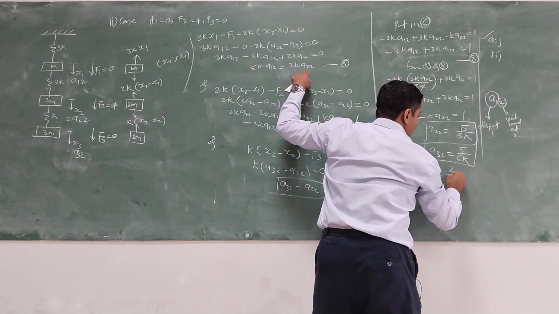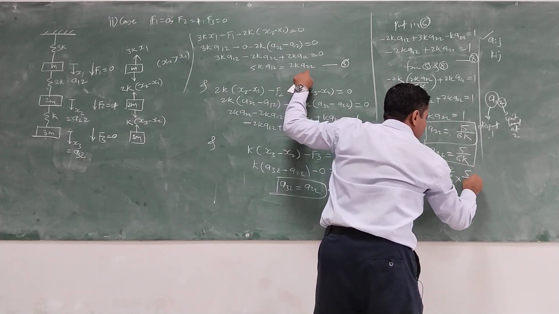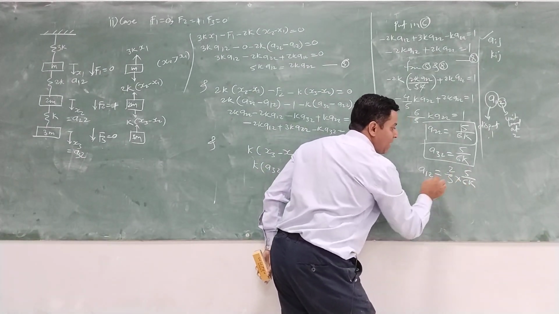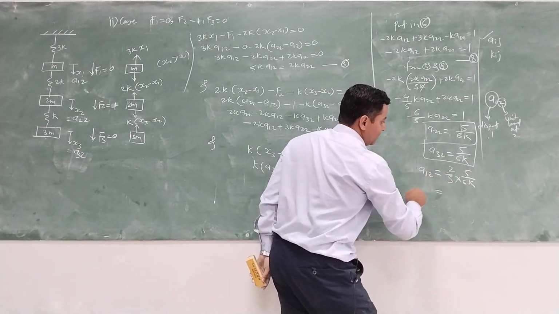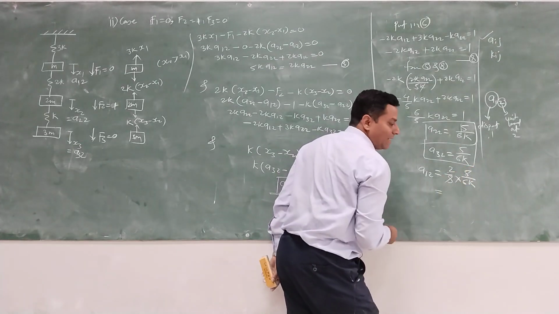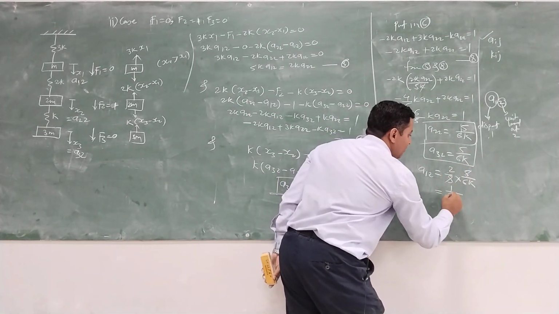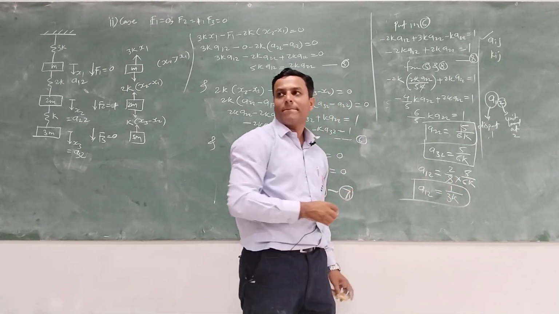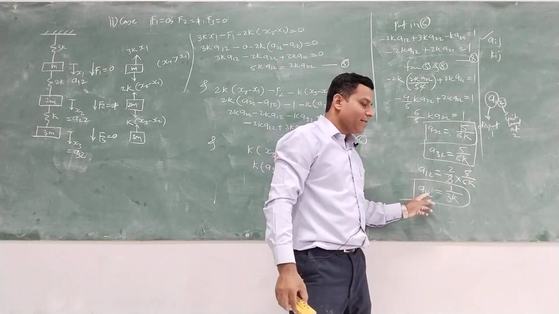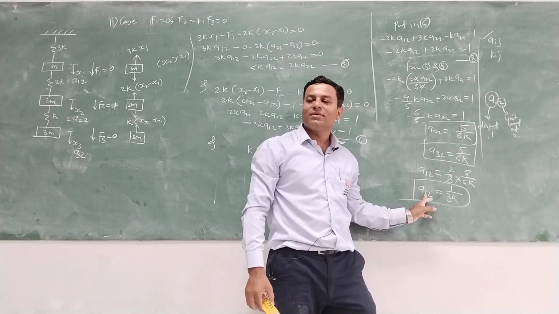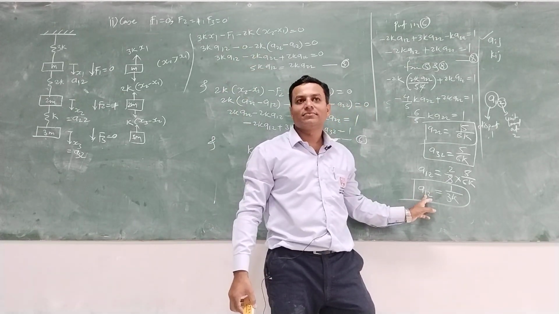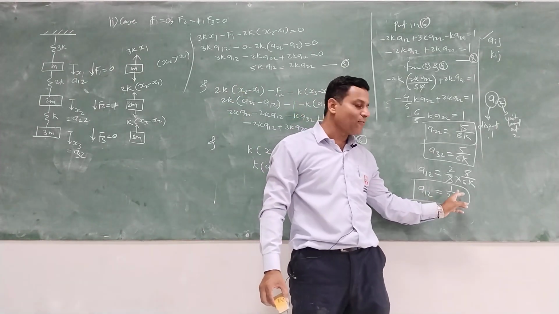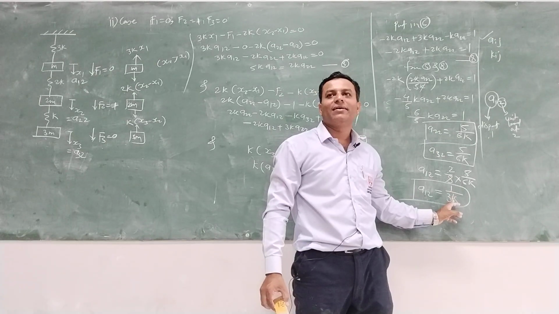So 2 by 5 into A22. So this will become 10 by 5. Sorry, 5 will get cancelled. It is 1 by 3k. 1 by 3k. Now if you check A21 from case 1, that answer was 1 by 3k.